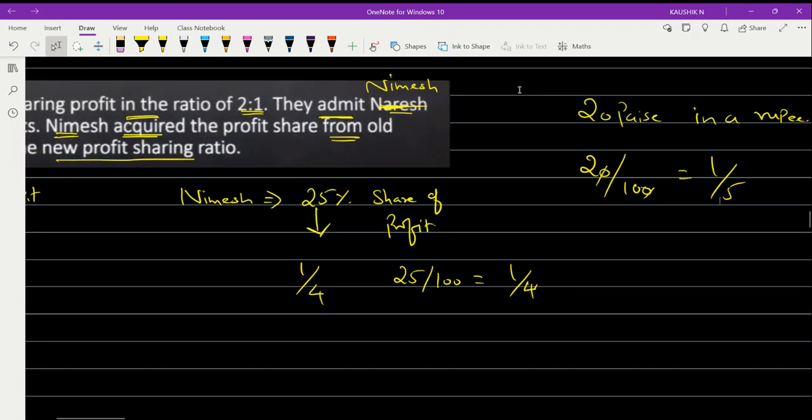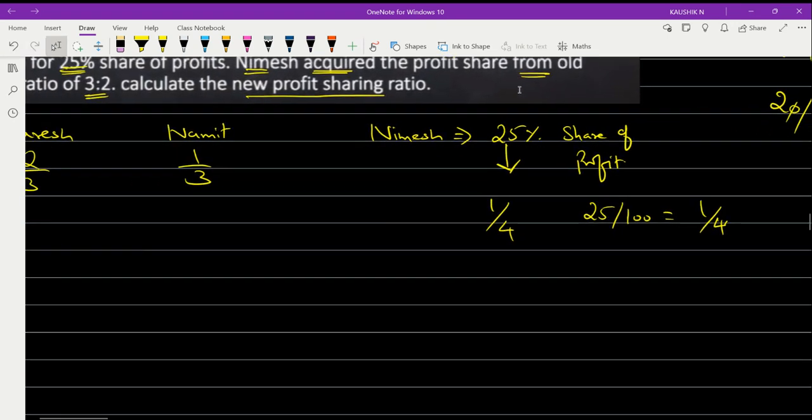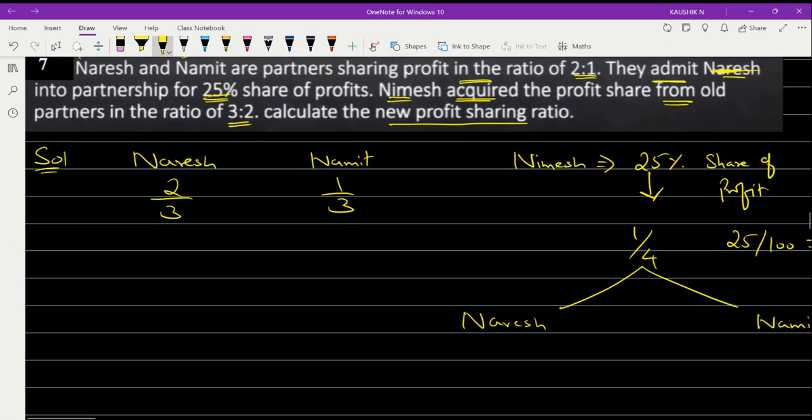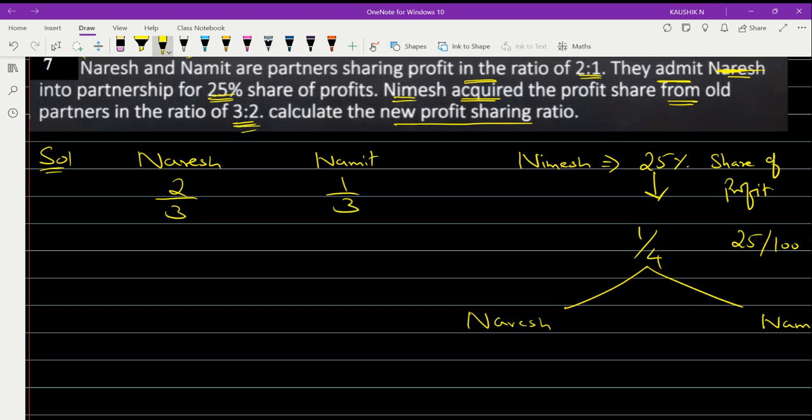Okay. So now we know that Nimesh's share is 1 by 4 in the profits. But it is given that Nimesh is acquiring this 1 by 4 from the two persons, Naresh and Namit, in the ratio of 3 is to 2.